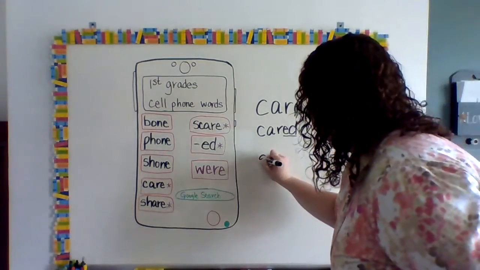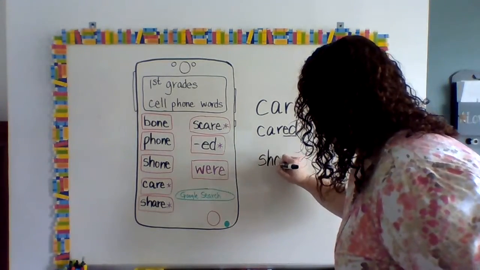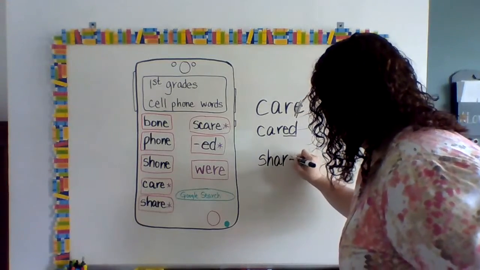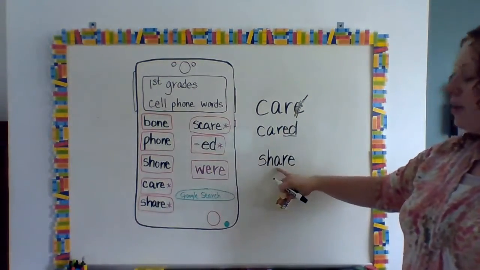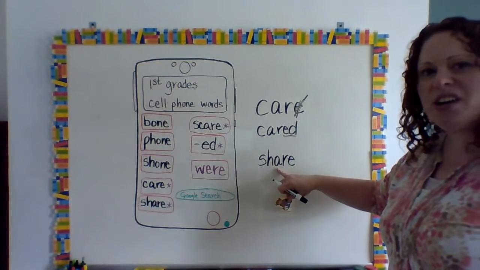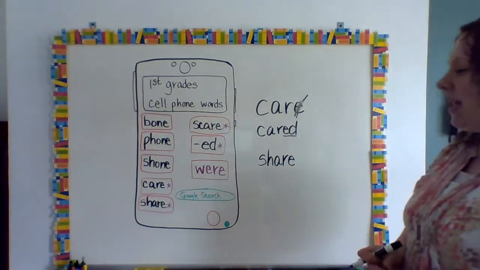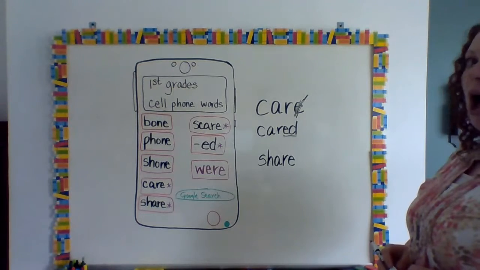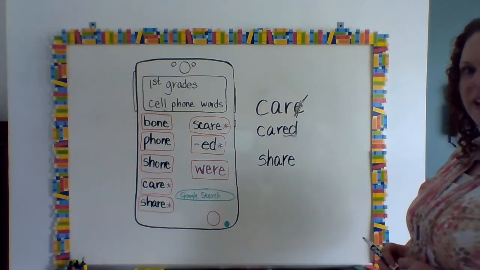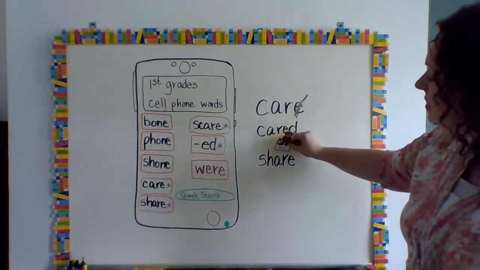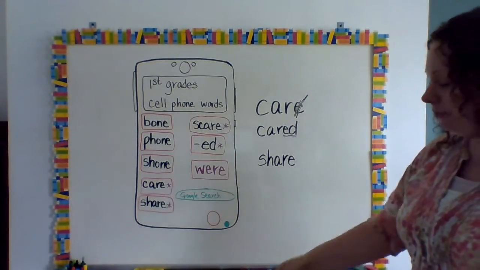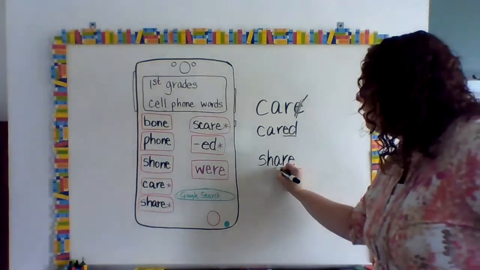Share. There's Bossy R, because we're not saying share. That doesn't make any sense. And we're not saying shari. No, those don't make sense. So Bossy R is influencing the way the A sounds. So these are kind of together.